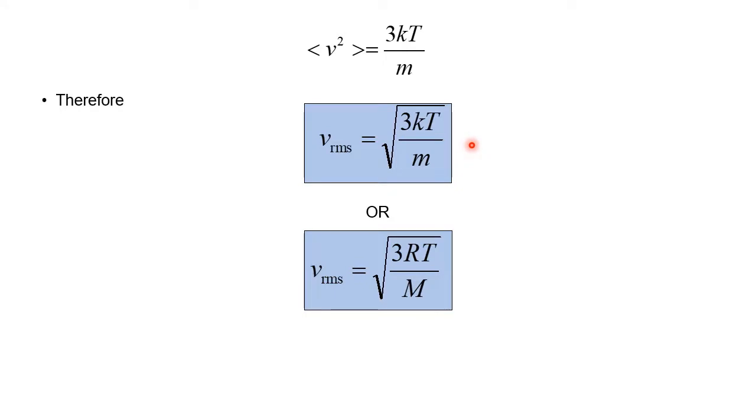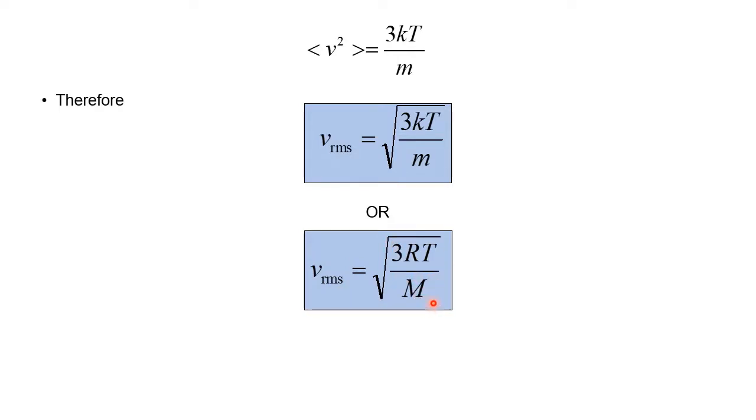Kalau dia bagi mass, so kena guna formula 3kT over mass. Cuma careful, mass kat sini mestilah dalam unit kilogram. Atau soalan bagi molar mass, nak cari v_rms, boleh pakai formula square root 3RT over molar mass.